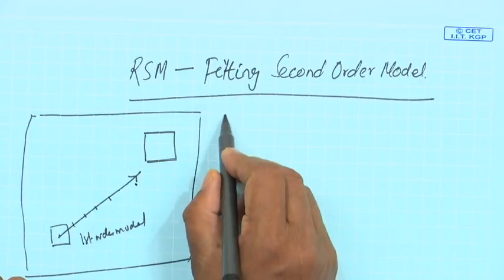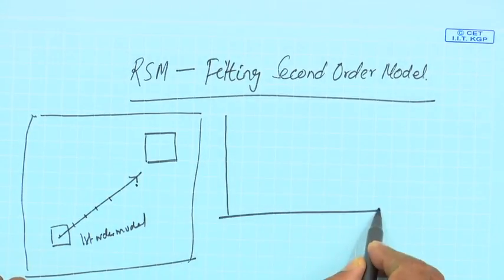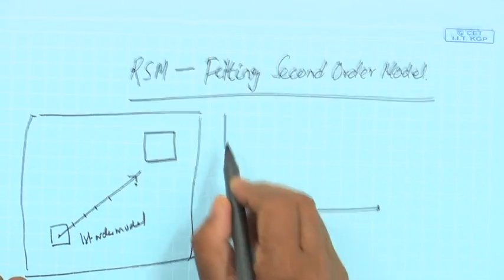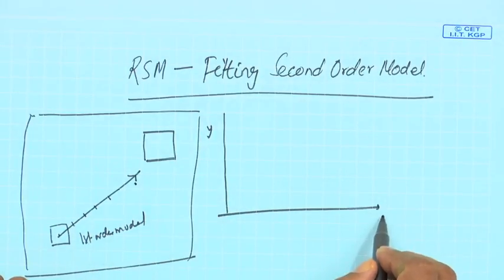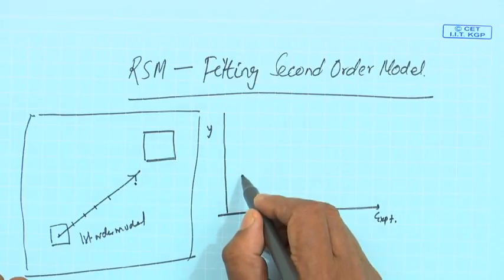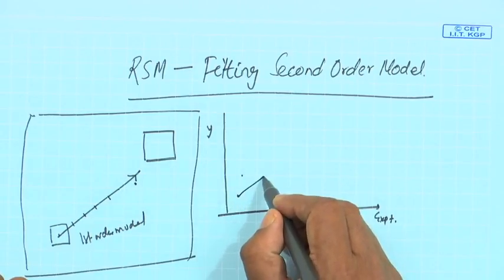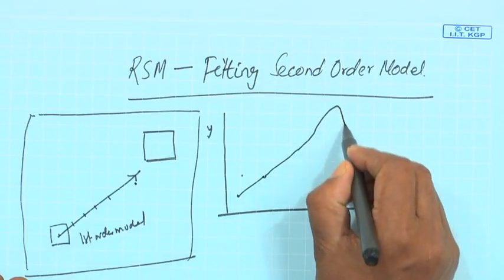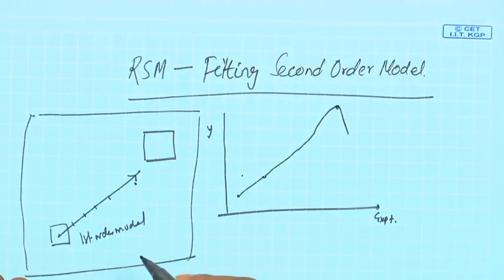If you plot the yield value y against the different experimental runs, as shown last class, the yield changes in this manner and we come to some point like this.